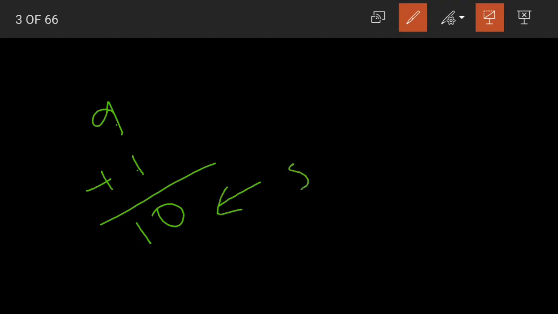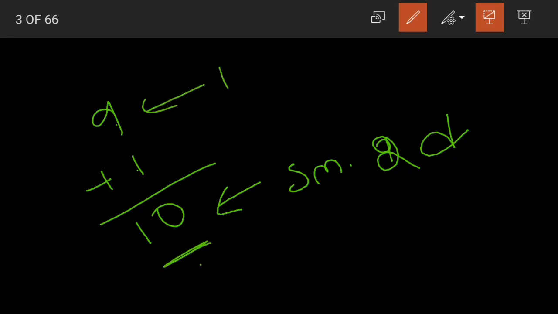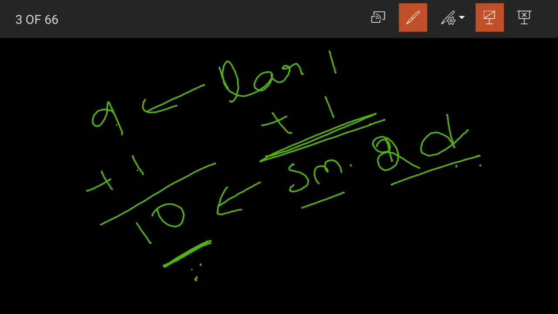This is the smallest 2-digit number. All the 1-digit numbers end here and all the 2-digit numbers start from here. We got this by adding 1 to the largest 1-digit number.